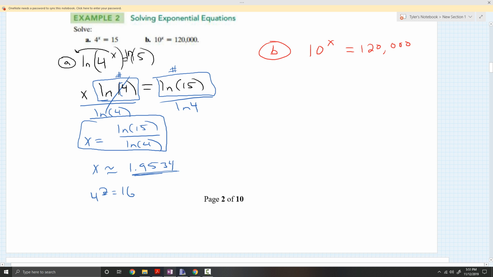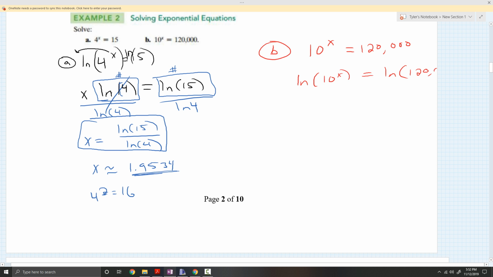I think they're hoping it'll simplify nicely, but I just stick with the natural logarithm. So we want to get it in this format first, which we already have, and then I'm just going to take the natural log of both sides.